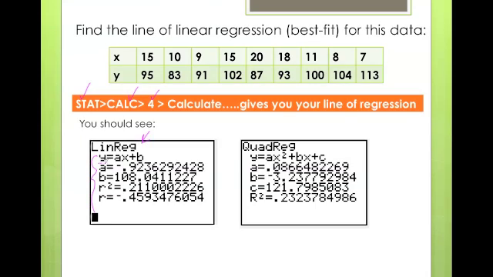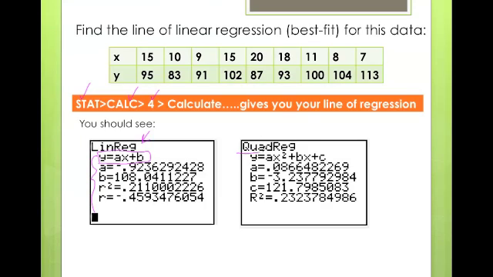Okay, this is a linear equation. You can see y equals ax plus b. And then it gives us the values for a and for b. It gives me an r squared value and an r value.